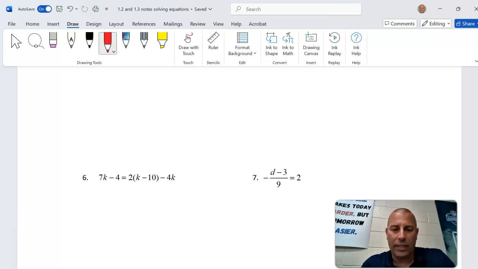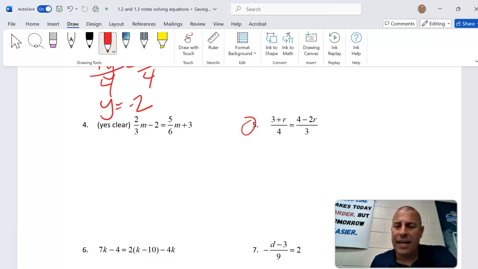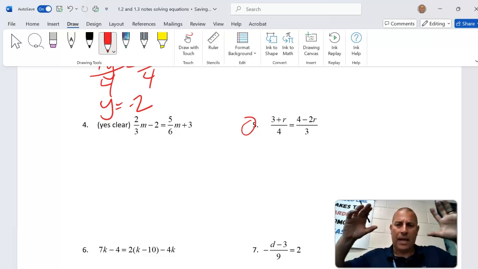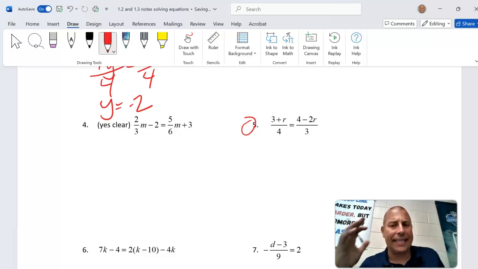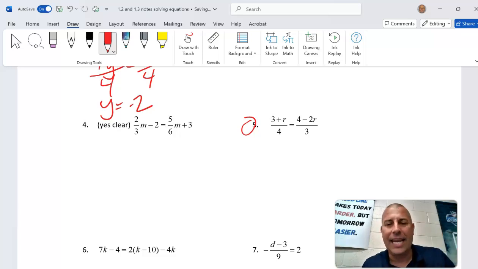Other things that we want to be looking for, and then we see it in problem number 5. Now this is where recognition is going to kind of come into play here. And what we want to see here is I got a fraction that's set equal to a fraction. And so when I see that, that tells me, hey, cross products here.